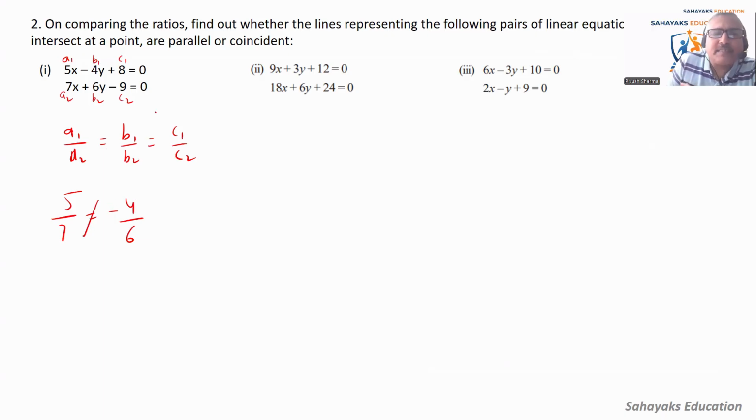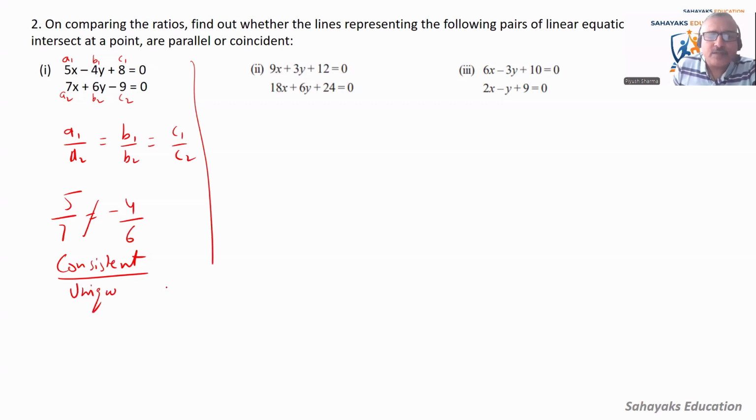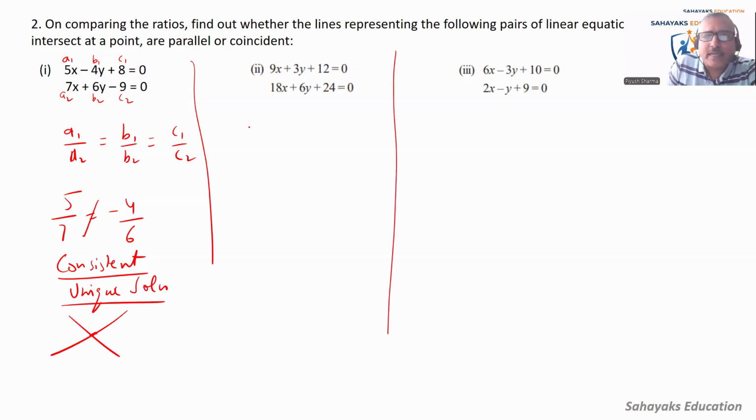When it is not equal, that means these lines are consistent. Consistent means unique solution, one solution. The lines are intersecting. Coming to the second pair, I'll just say 9 by 18 is equal to 3 by 6 is equal to 12 by 24.